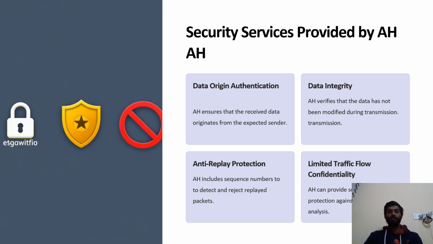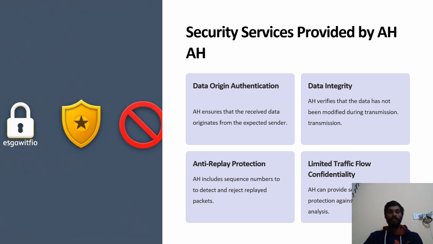Security services provided by authentication header. So these are the four security services provided by authentication header. That is data origin authentication and data integrity, anti-replay protection, and limited traffic flow confidentiality.